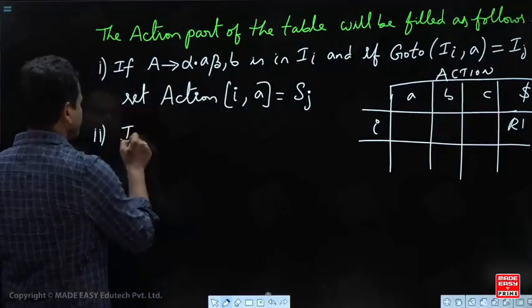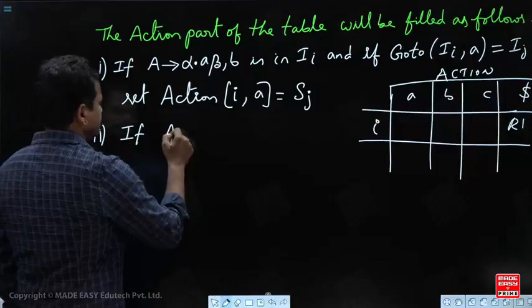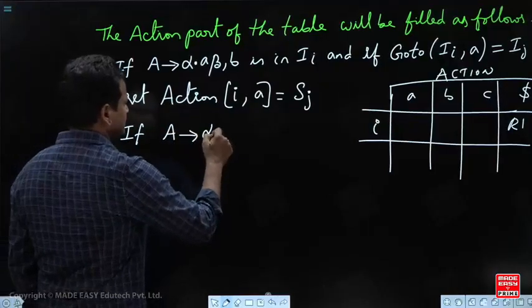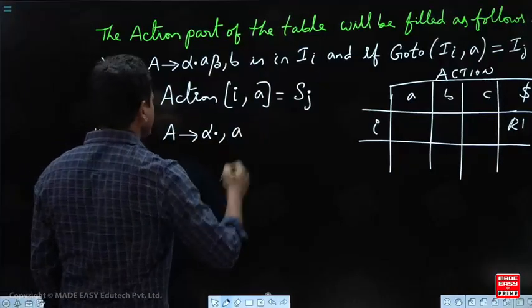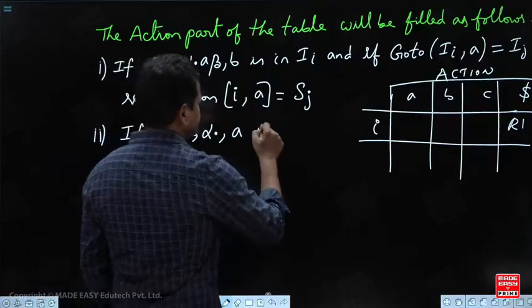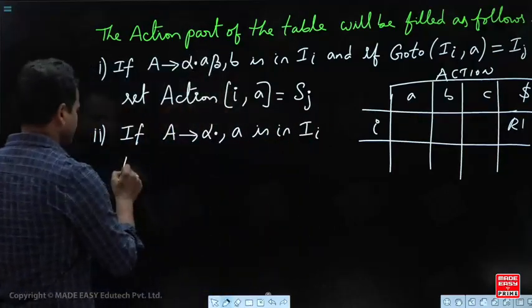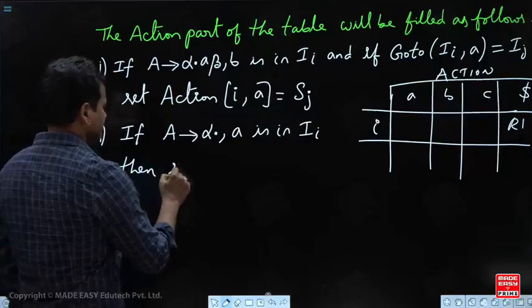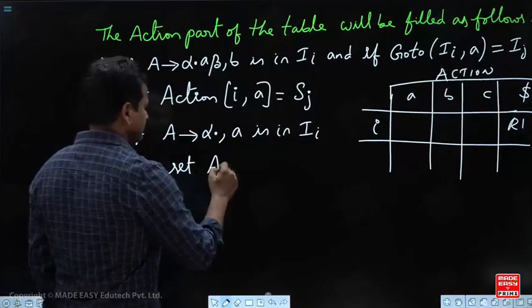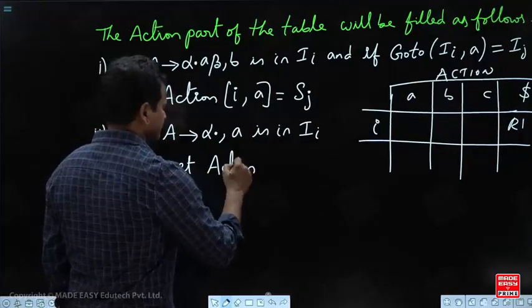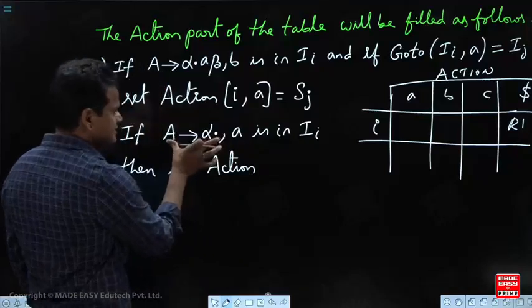If A derives alpha dot, comma a, is in Ii, then set action part of this. This is in which state?